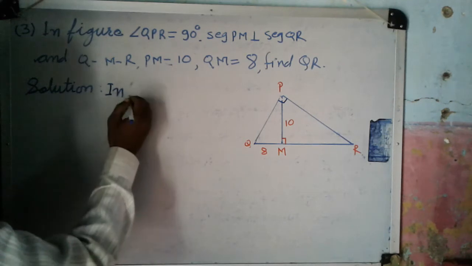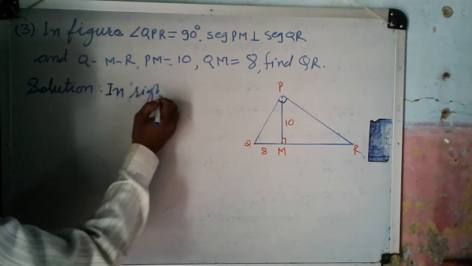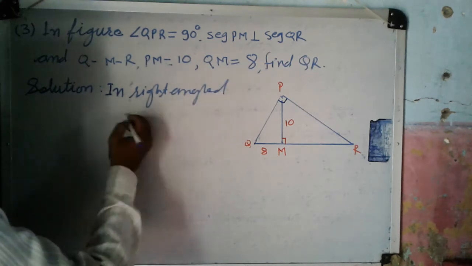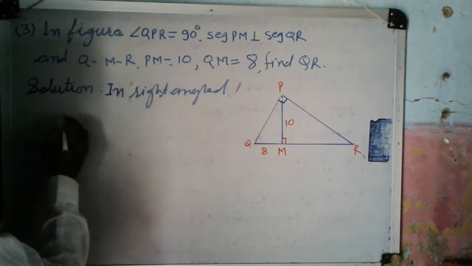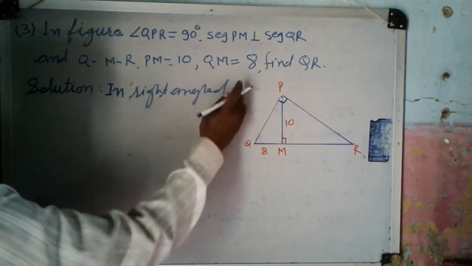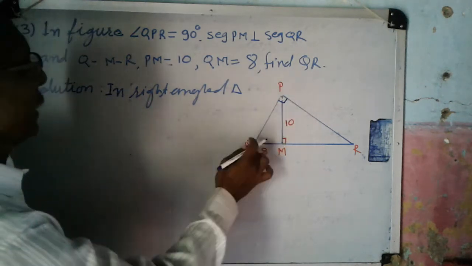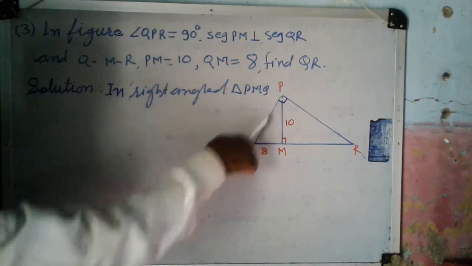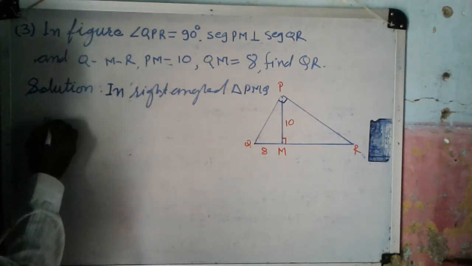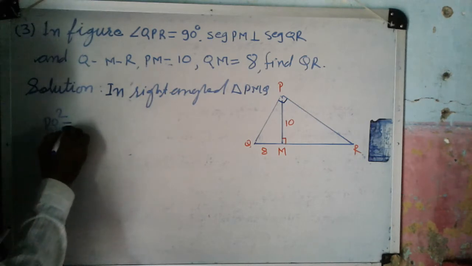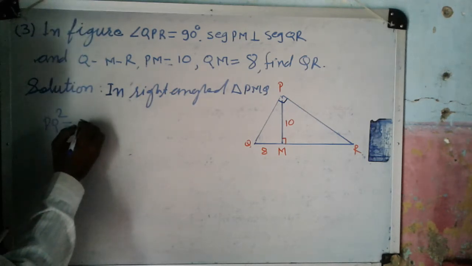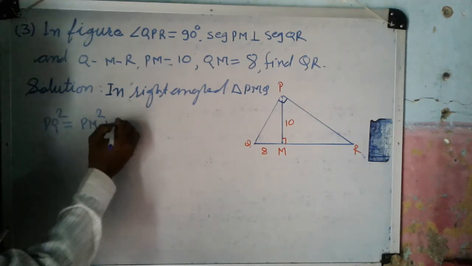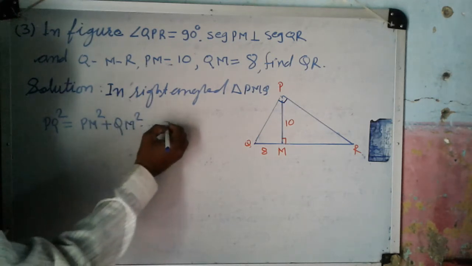In the right angle triangle PMQ, PQ is a hypotenuse, and therefore PQ square is equal to PM square plus QM square.